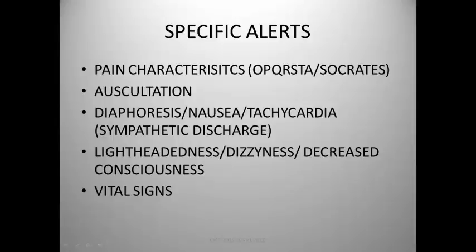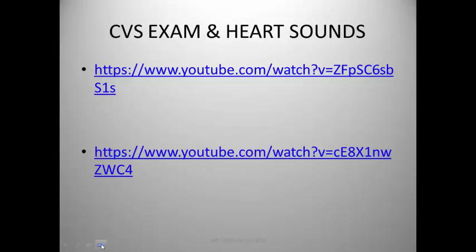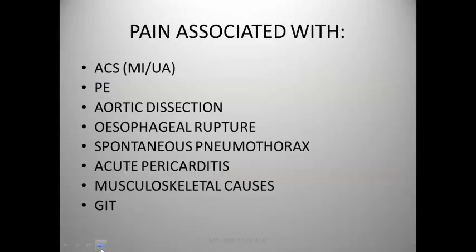And then, of course, as always, you want to look at the vital signs that you're finding in your patient. You can have a look at these two YouTube videos if you want to go over cardiovascular assessment specifically, and if you also want to get an idea of what's going on regarding heart sounds.